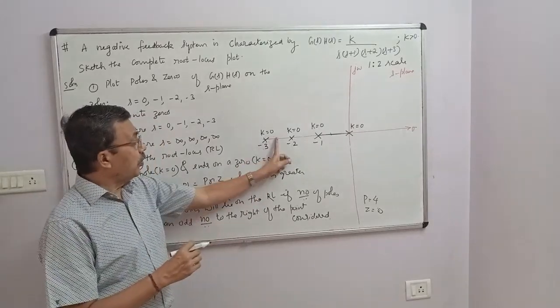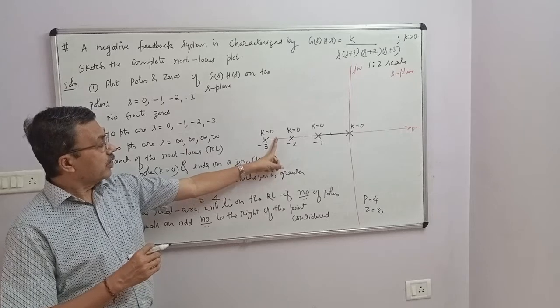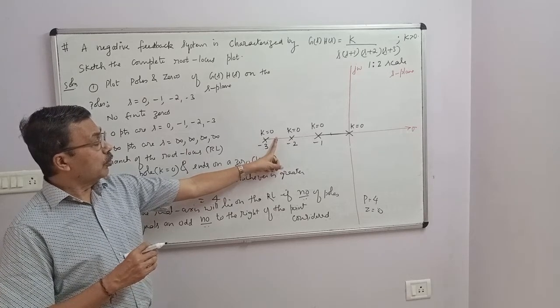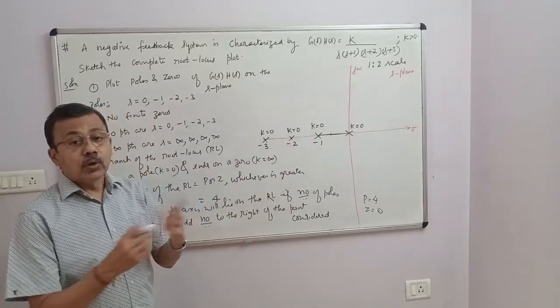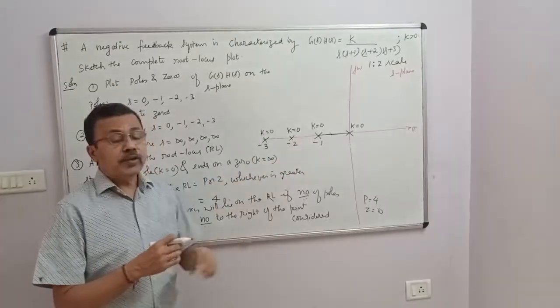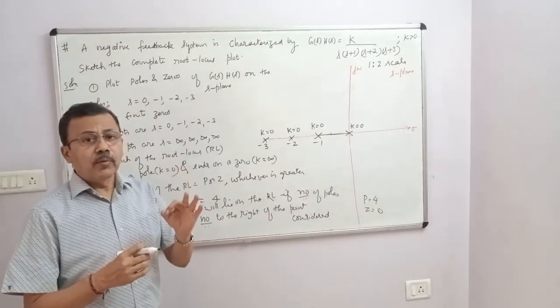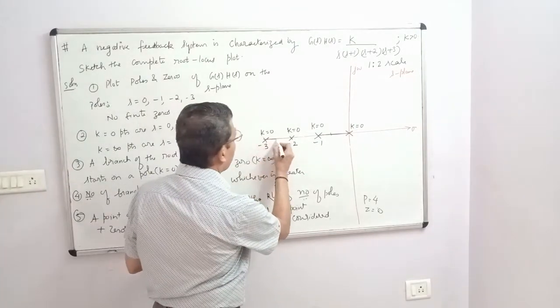You take a point between -2 and -3. To the right of my forefinger, you have got 3 poles and no zeros. 3 plus 0 is 3, an odd number. Hence, root locus will lie between -2 and -3.